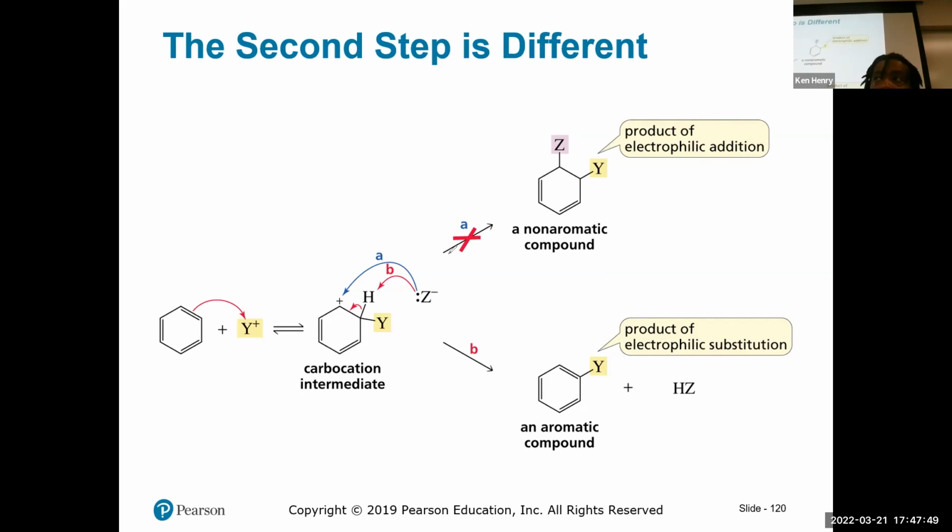Instead, we're just going to get the electrons being contributed here. So then the hydrogen is going to be plucked off, allowing the double bond to form. So we're just going to get the reformation of our double bond.